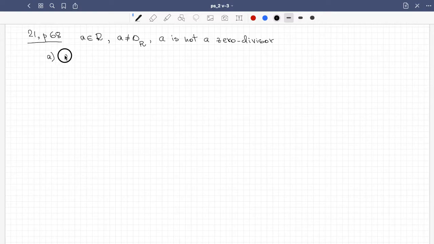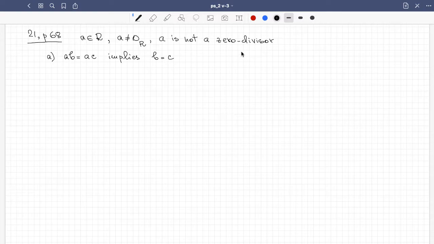They want to show that AB equals AC implies B equals C. Cancellation by a non-zero divisor is possible.